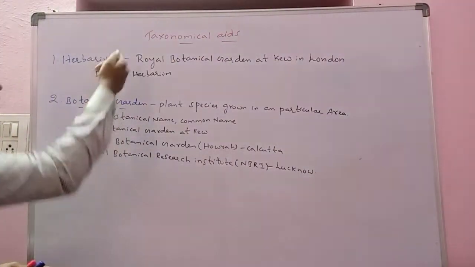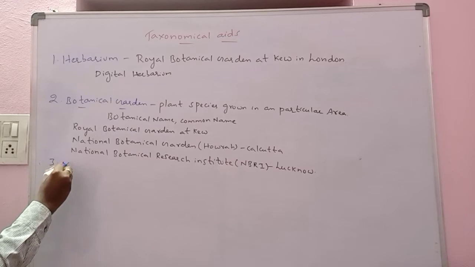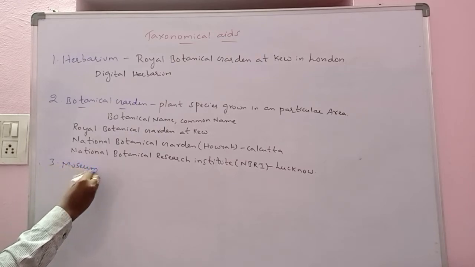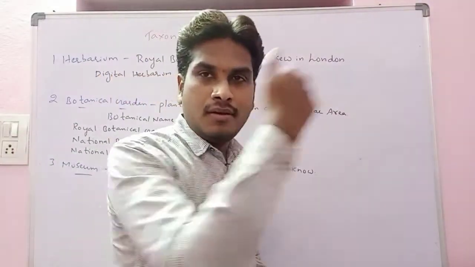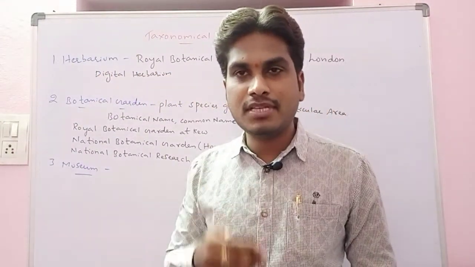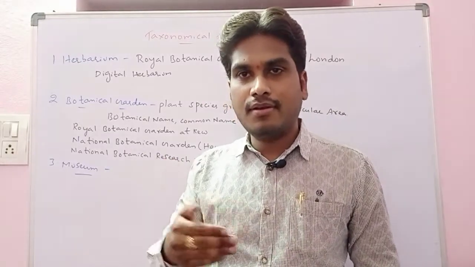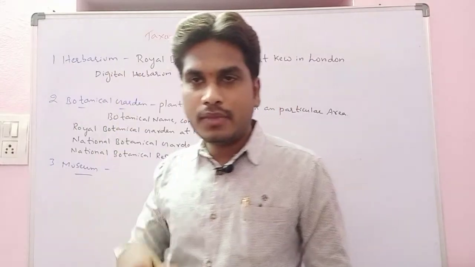Now two taxonomical aids are over. The third one is the museum. What is a museum? We know many museums. Museums consist of ancient or old things which we preserve in the museums to know how they were and how they are present.